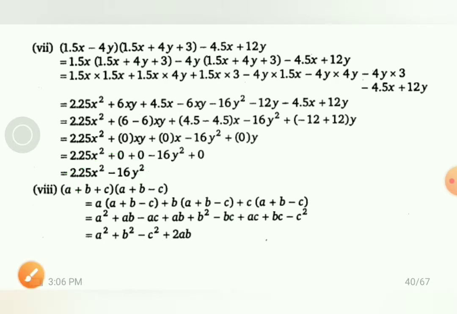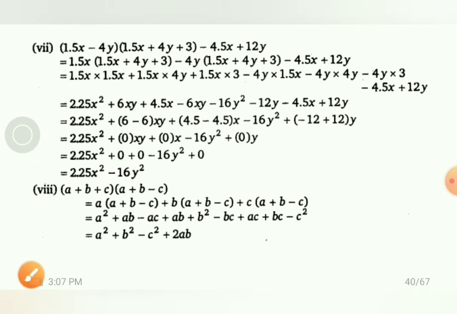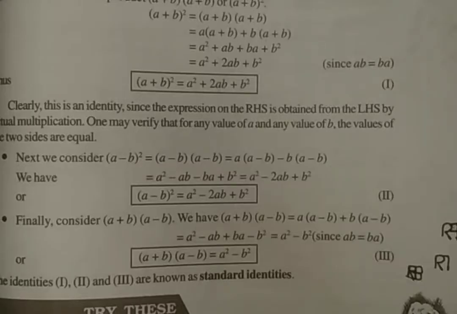Then we have to take the second term, that is b, and multiply with the whole term a plus b minus c. And we have to solve. Similar fashion, if there are three variables, then you have to multiply with the 3.